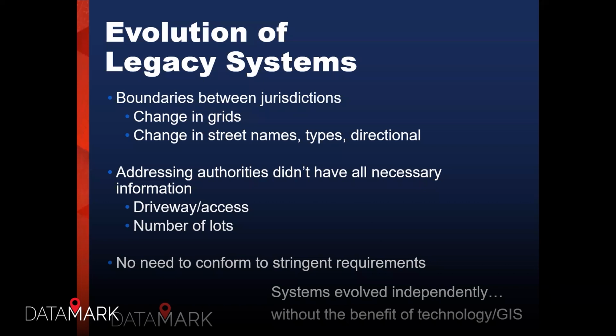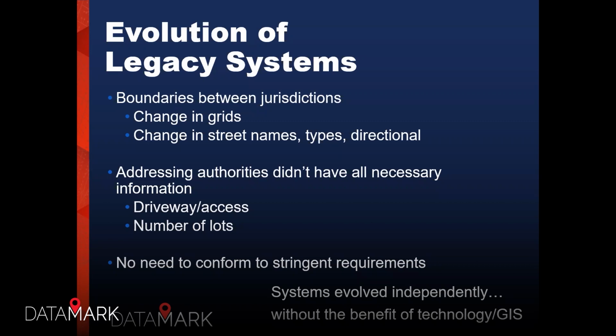Addressing authorities didn't necessarily have all the information they needed, because they started with stones on the roads, numbering lots and things like that. There was no need or requirement, no regulation to conform to stringent requirements. And so the systems evolved independently without the benefit of modern technology.